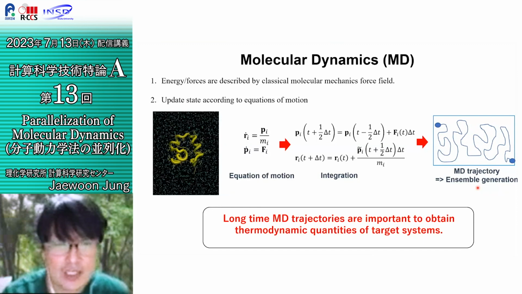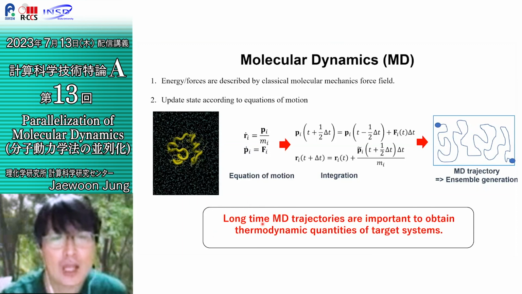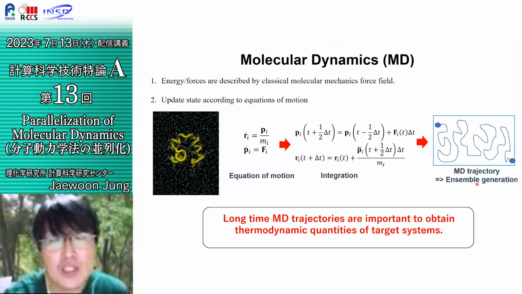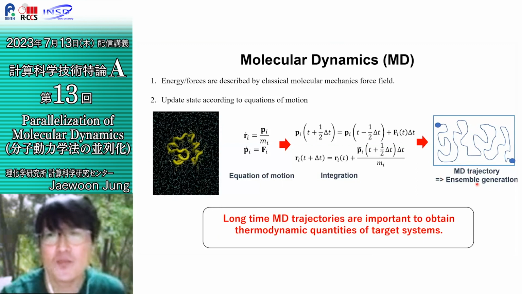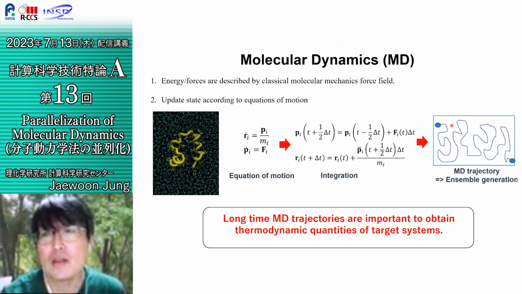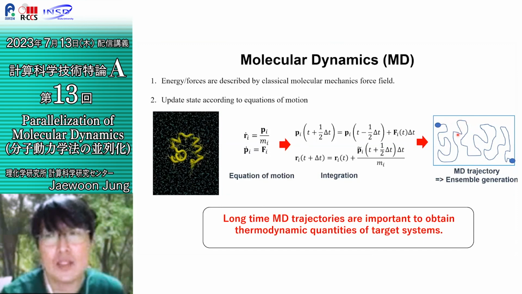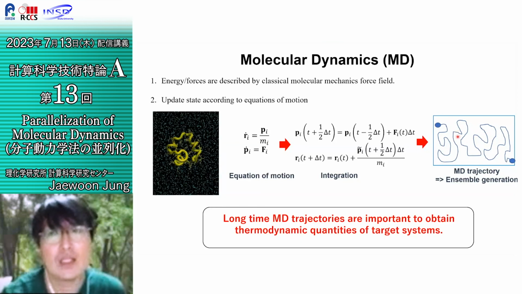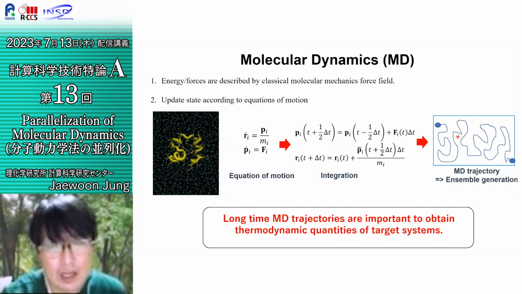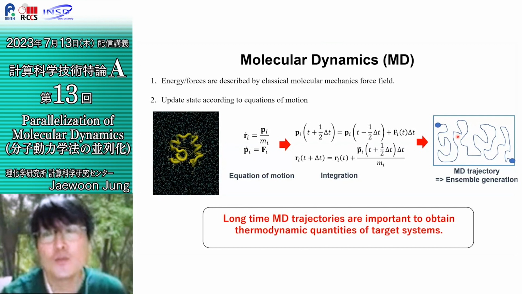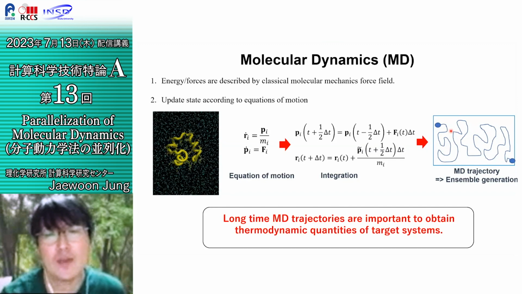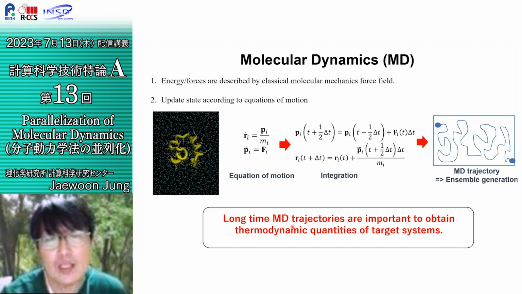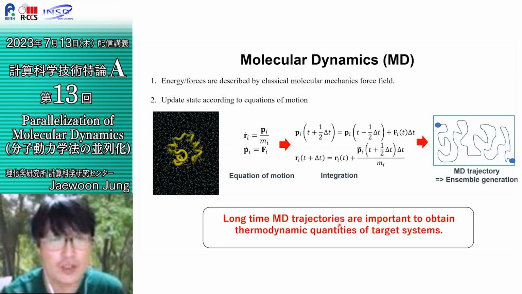But to do this, we need a very long time MD trajectory because this ensemble should be sufficiently large. If not, we might have some kind of statistical average for a very limited region, and such results might not be reliable and actually not accurate enough. So to obtain a very reliable result, this large or long time MD simulation trajectory is very important.